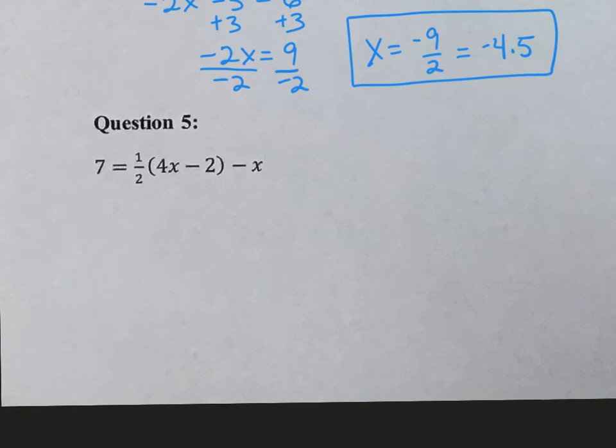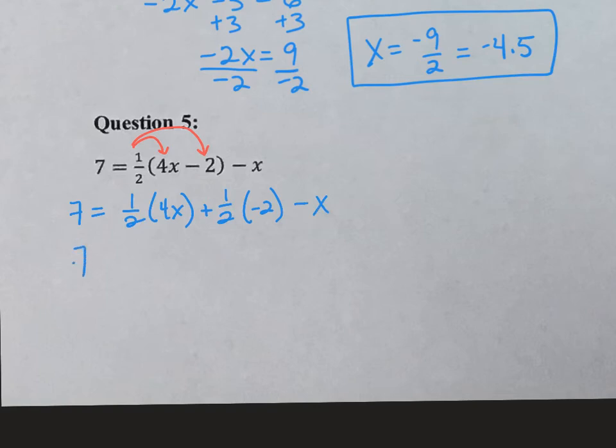Question number 5, I'm using distribution again. 1/2 times 4x, 1/2 times negative 2. Now simplifying that, I've got 7 equals 1/2 times 4x plus 1/2 times negative 2. And I still have this minus x over here.